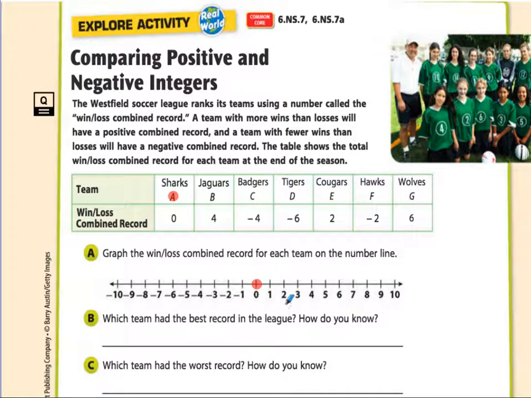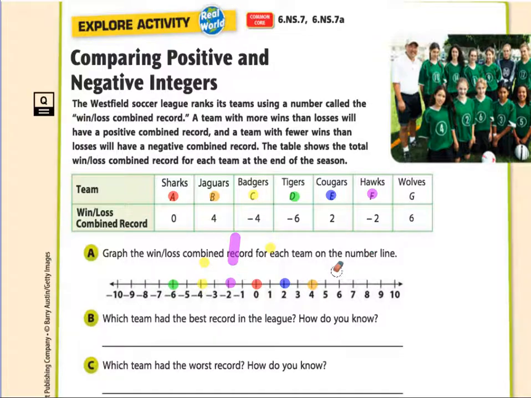And then I have the Jaguars, and they have 4. And then the Badgers, they have -4. And the Tigers, they have -6. And the Cougars have 2. And the Hawks have -2.